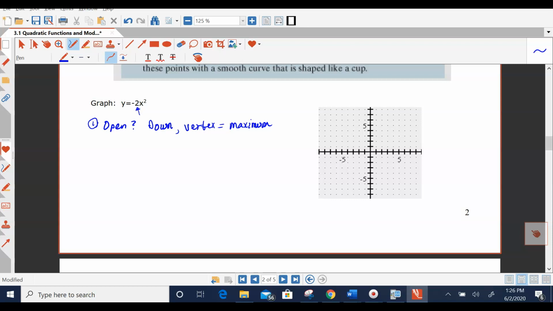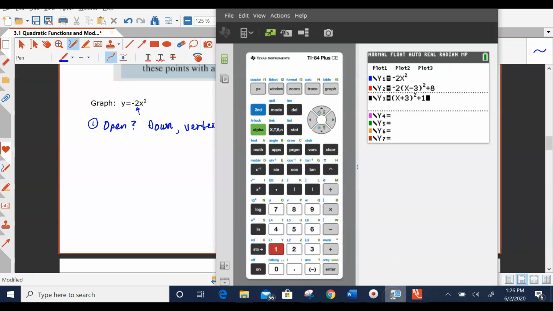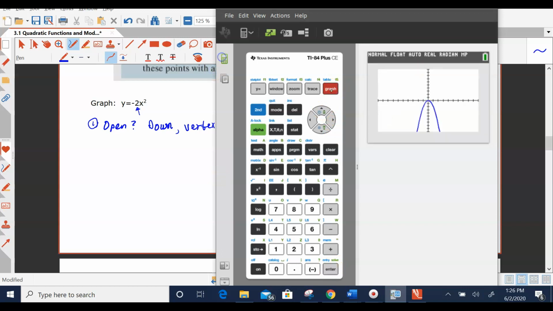Let's just go to our calculator and see what the graph of that looks like. So I've already got a couple of these in my calculator. So let me turn that one off. Let me turn that one off, and let's graph negative 2x squared. So yes, it's a parabola. It's opening down, and the vertex is a maximum right here.